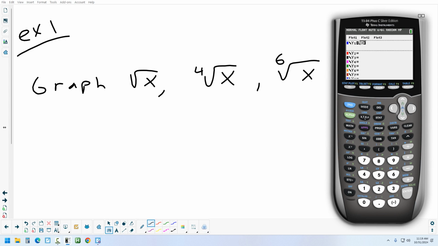And now to do a 4th root, what you have to do is put in the index first, and then math option 5. To do the 6th root, put in the index first, math option 5. Okay, so I'm graphing a square root, a 4th root, and a 6th root. All right, let's do zoom 6.